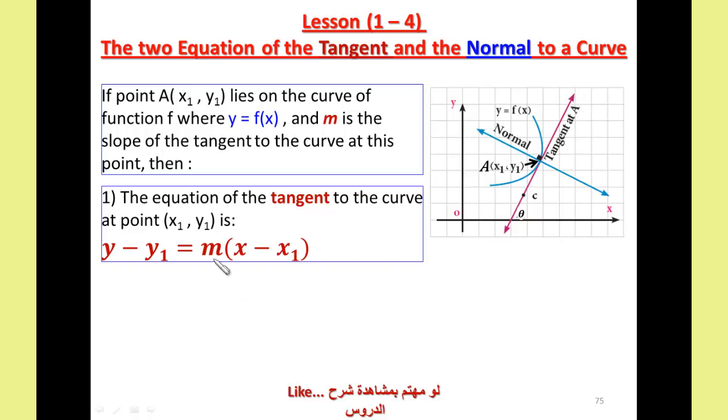How do we find the slope? We studied it before. The slope m equals y dash equals f dash equals dy dx.